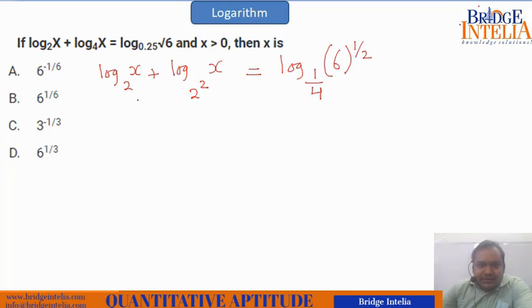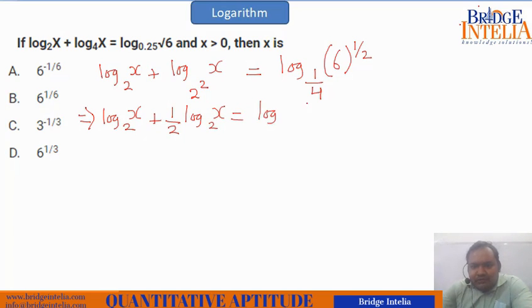So this can further be rewritten as log x to the base 2 plus, this exponent from the base when taken outside becomes reciprocal, plus half of log x to the base 2 is equal to log of, now 4 can be written as 2 square. So 1 by 2 square can be written as 2 to the power minus 2. 6 whole to the power half.